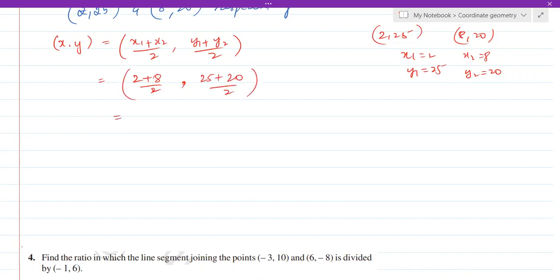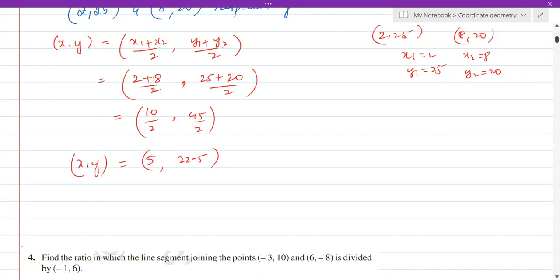So 2 plus 8 is 10, 10 by 2, comma 25 plus 20 is 45 by 2. So 5 comma 22.5. The coordinates of Rashmi are 5 comma 22.5.